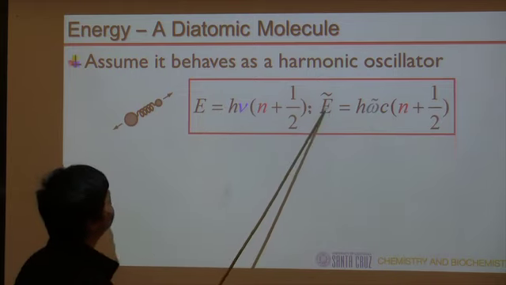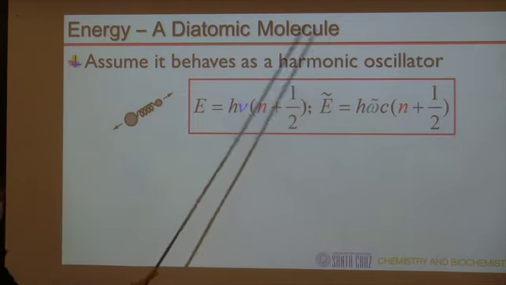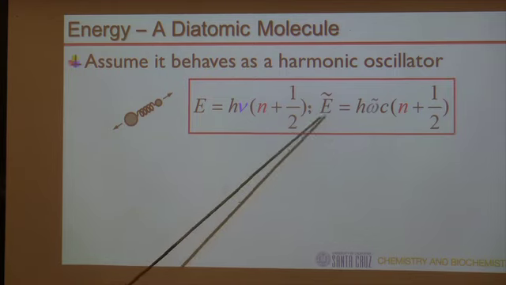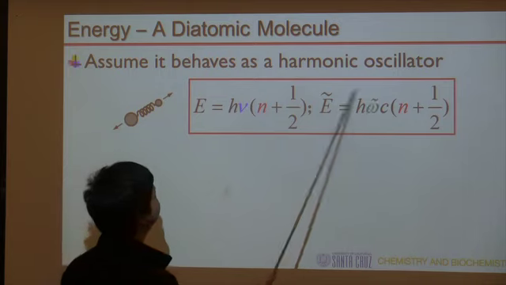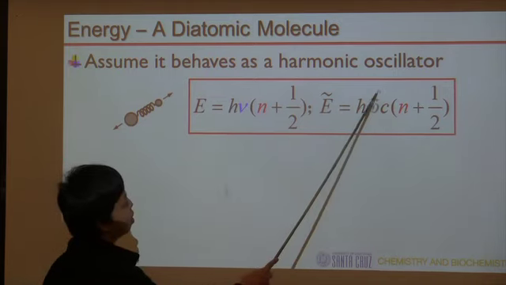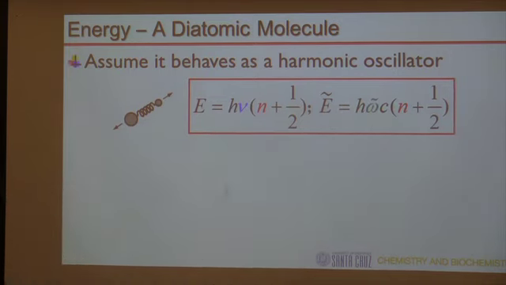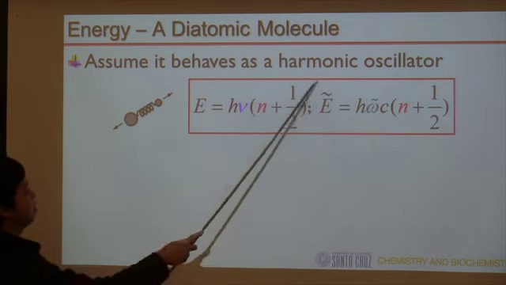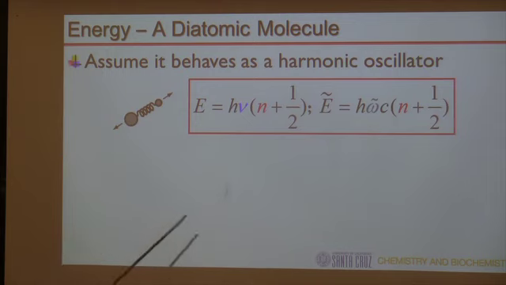So you will get E tilde, which means energy in the unit of wave number, and you change nu to the wave number here; the other parts are the same. Those are just the units. If you change the unit, sometimes you change the notation, and some textbooks use G, the same thing.